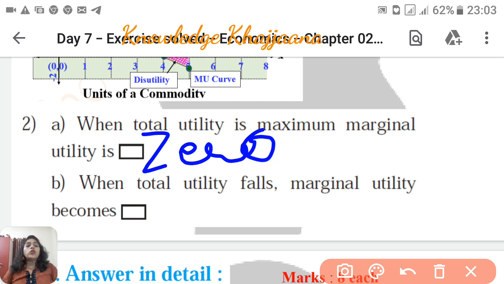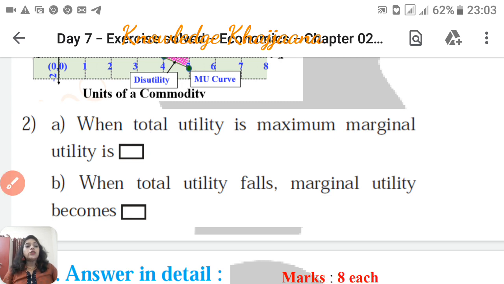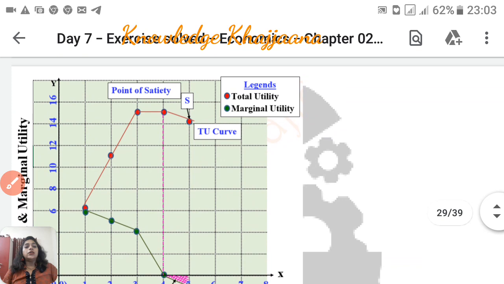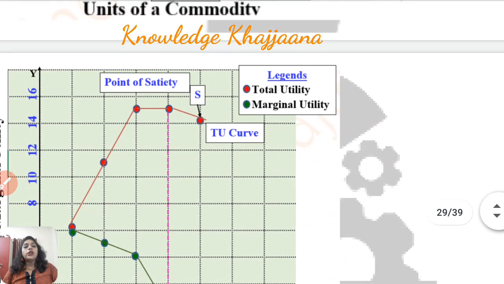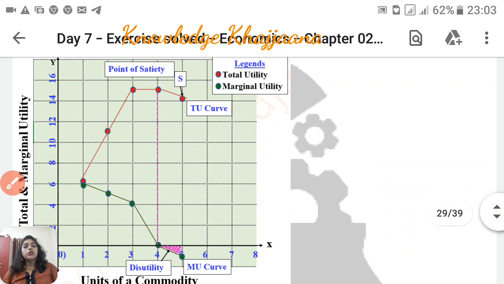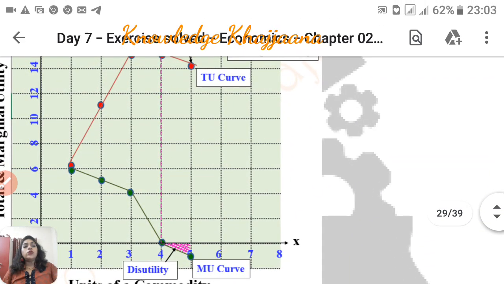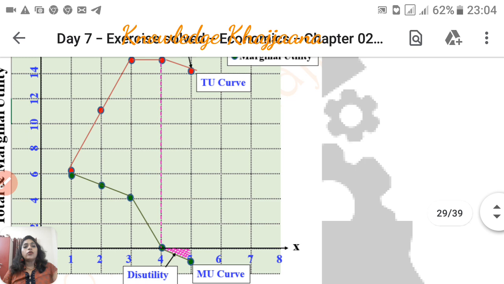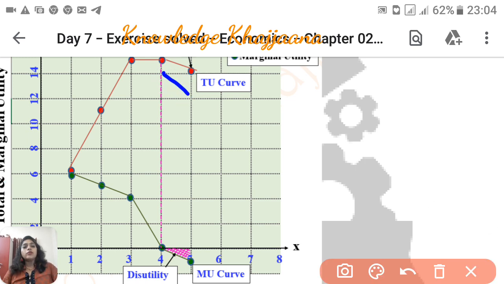Next, when total utility falls, marginal utility becomes... See, here the total utility is falling down, right? So when the total utility is falling down from here to here, what is happening with the marginal utility?